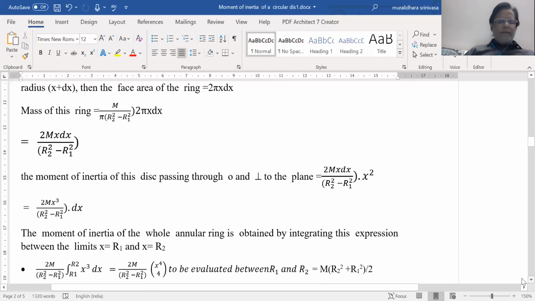The moment of inertia of this disk about the point through O, the center, and perpendicular to the plane, is the mass into distance square. If x is the radius, then it is x square.